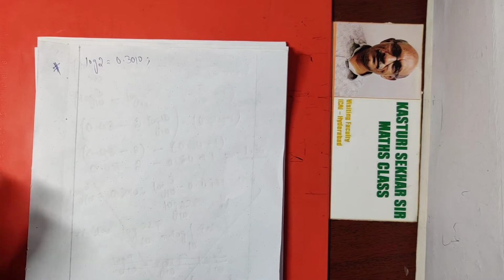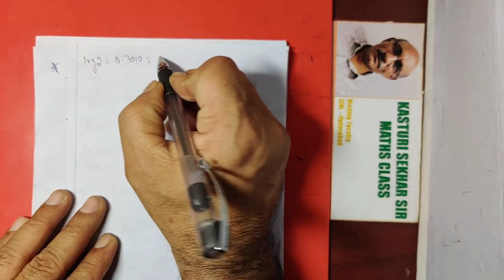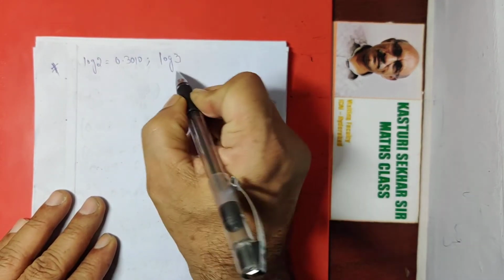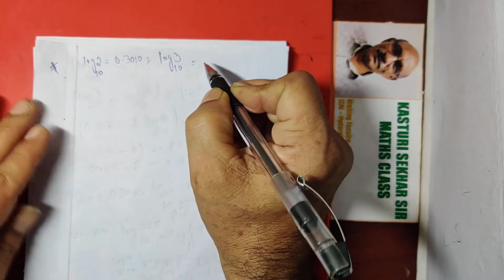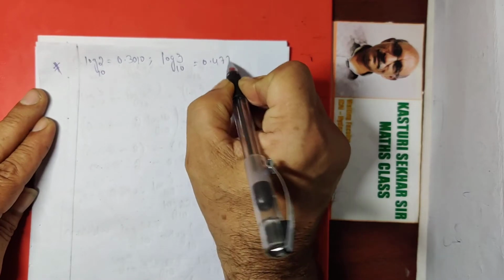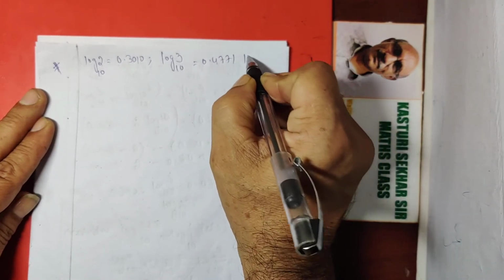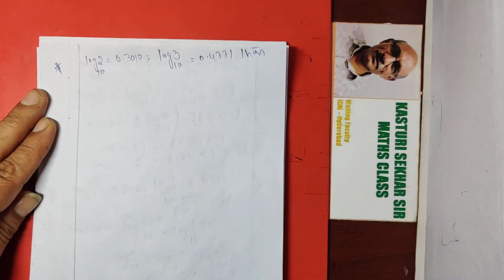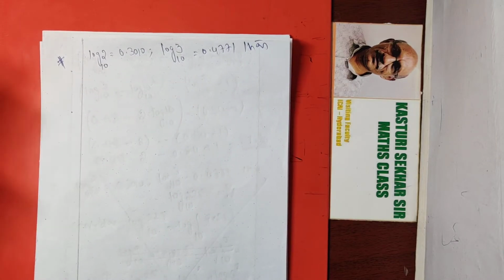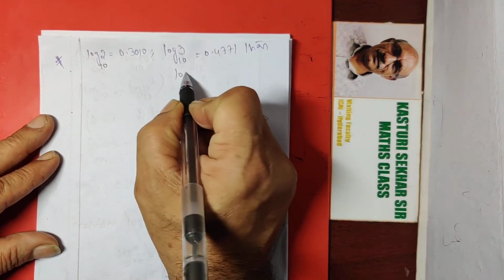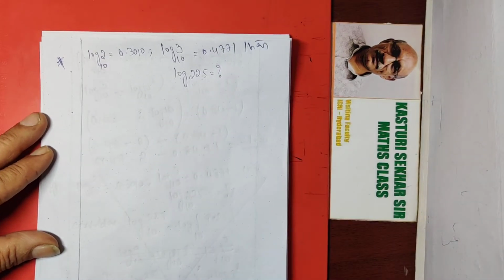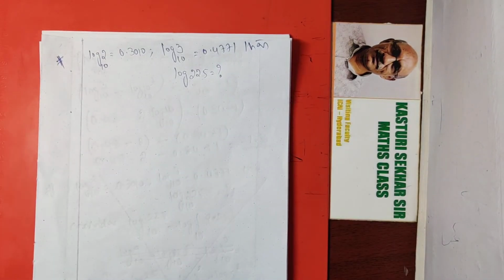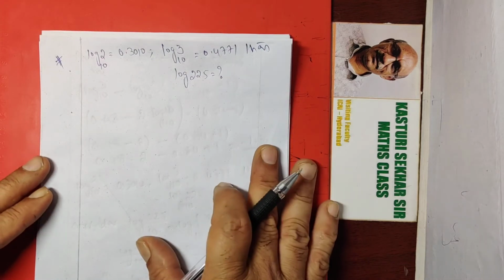Log 3 to the base 10 is 0.4771. Then log 225 is equal to question mark.